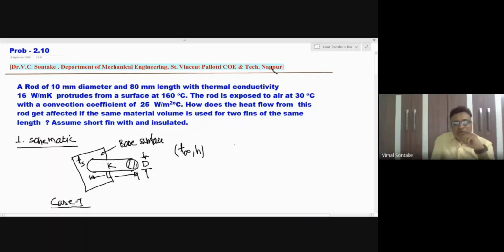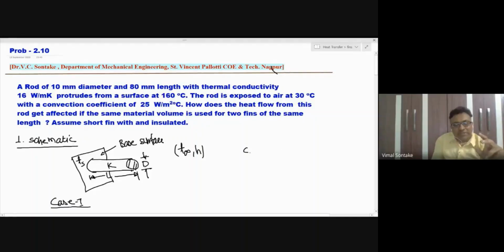Now in second case, this rod is divided into two fins. Instead of one, now we have divided into two fins, keeping the volume same. So obviously their diameter will be decreasing now.